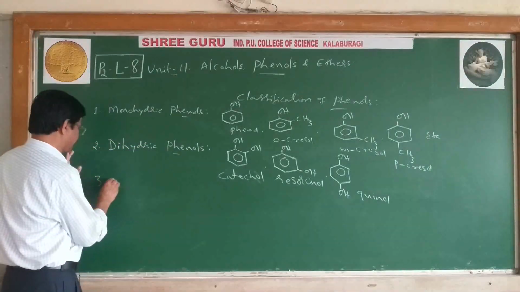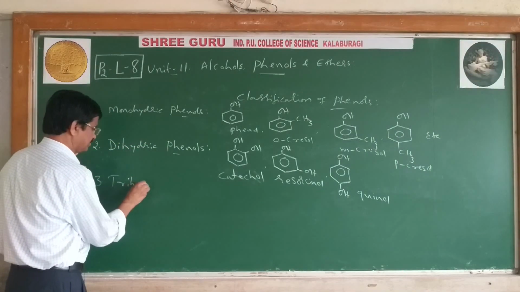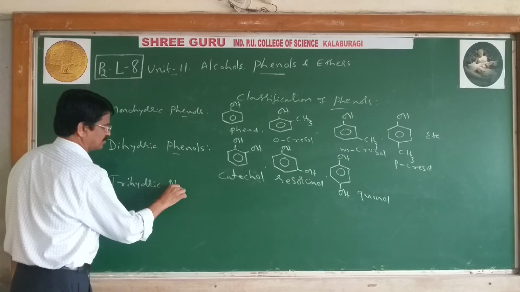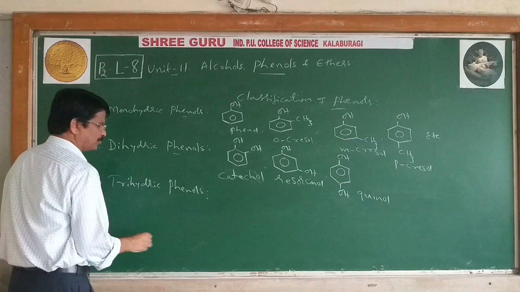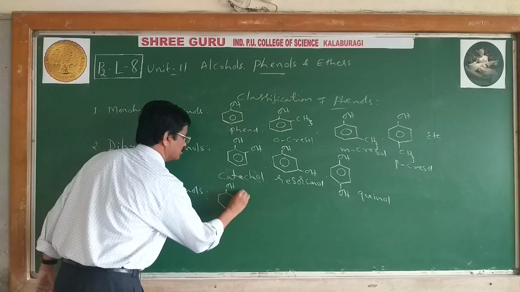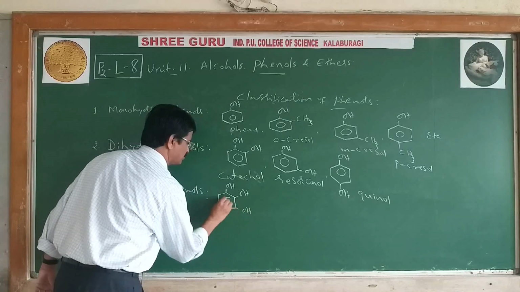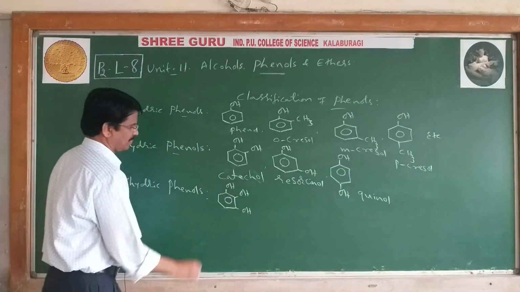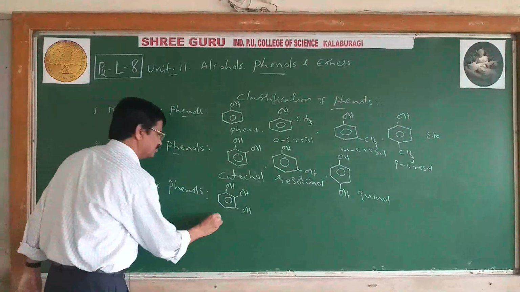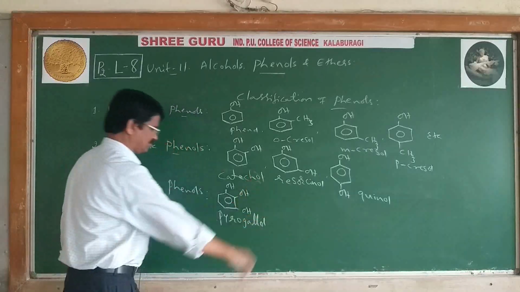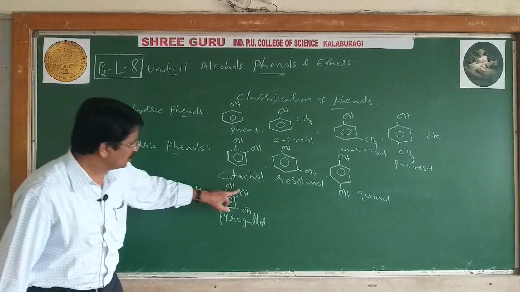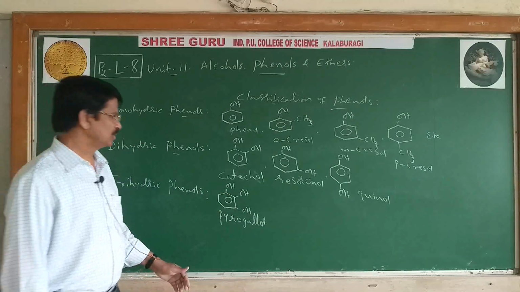Then the third type, trihydric phenols. The first compound has OH, OH, OH. It is called pyrogallol. A ring with three OH groups is said to be pyrogallol.